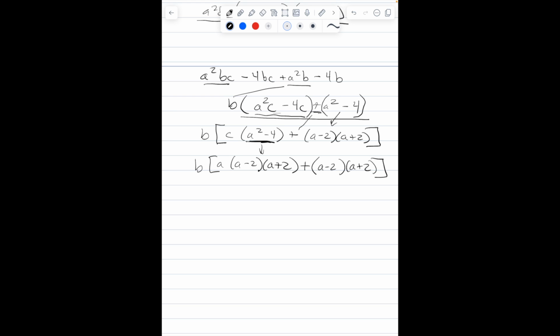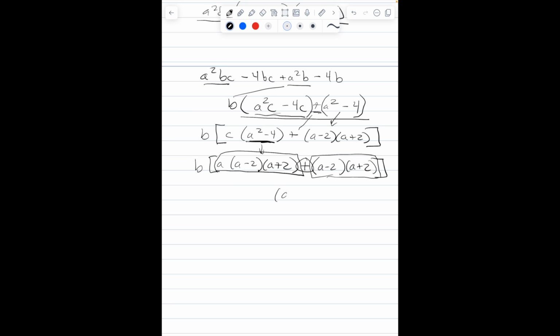And that's good because this little sum here means that each of these terms, I'm going to put a box around it, each of these has some common factors. And what are those common factors? Well, they're a minus 2 and a plus 2.